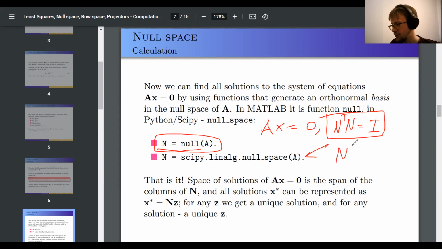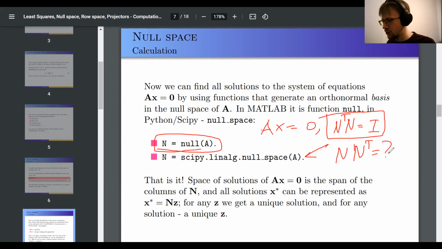This, by the way, is not necessarily true. This is not necessarily the identity matrix. It's not even a block diagonal matrix. It is something. So this is true.